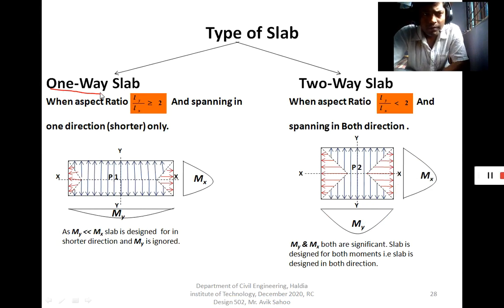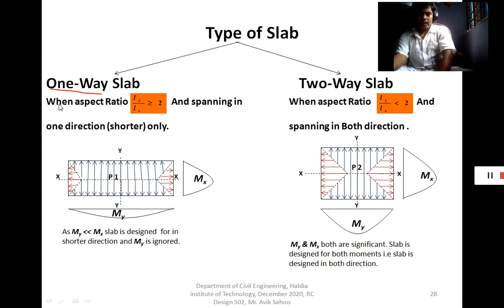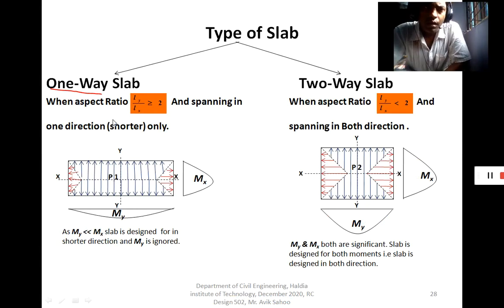So what is one-way slab? If the aspect ratio, meaning the ratio of longer span to shorter span, is more than or equal to 2, then the slab is called one-way slab, spanning in one direction.